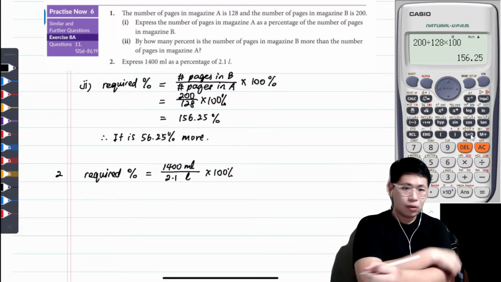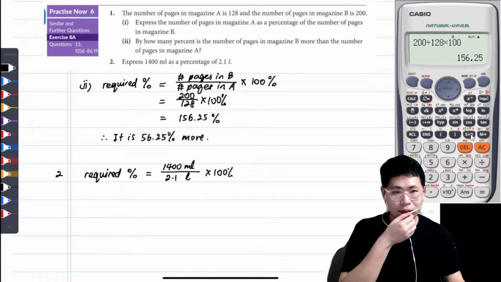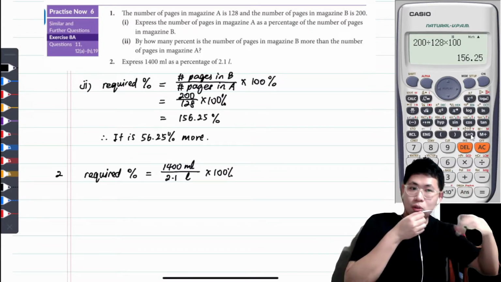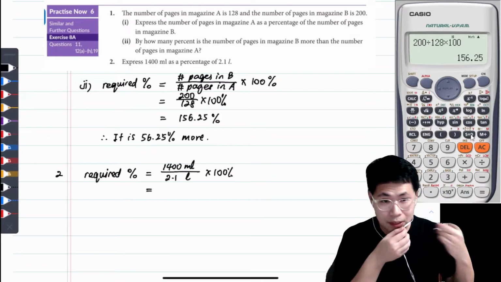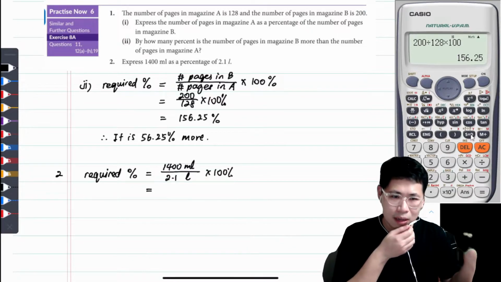Now before we calculate, we need to make sure that the two units that we compare are actually the same. So previously it was pages and pages, but here we need to change it either to ml or liters.